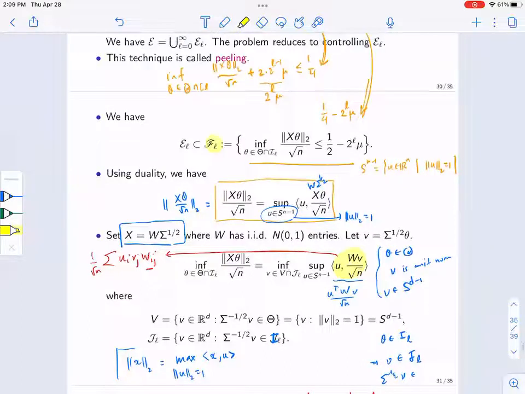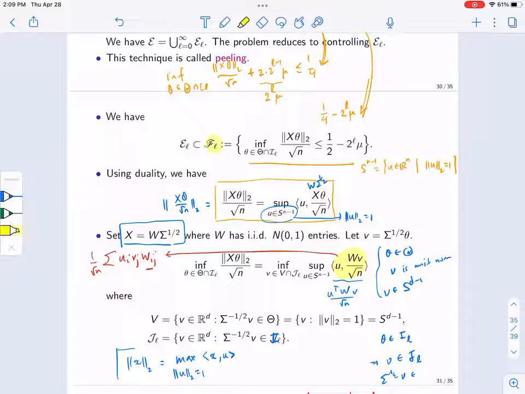And so this is now clean. We have the L2 norm of a matrix times theta, infimum over a set that is complicated. We want to control this. We want to say that the infimum being less than this is small. So basically you want to say that the infimum is large with high probability.